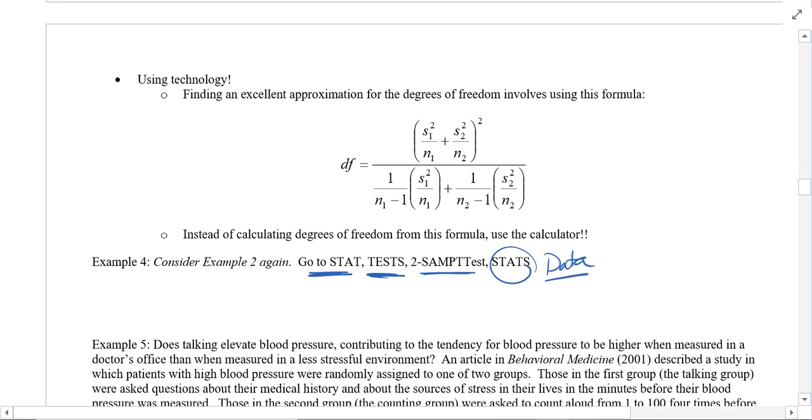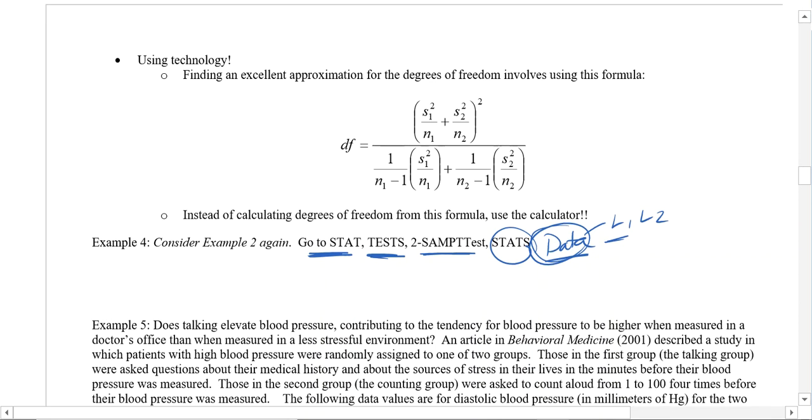Or you can choose data, and that's like for this case where we have our data already in list 1 and list 2. So you actually want to choose data since we already have our data in L1 and L2. So you're going to choose list 1 is L1, list 2 is L2. Frequency you want to keep as 1. That just means you're counting each value in the list as one value.